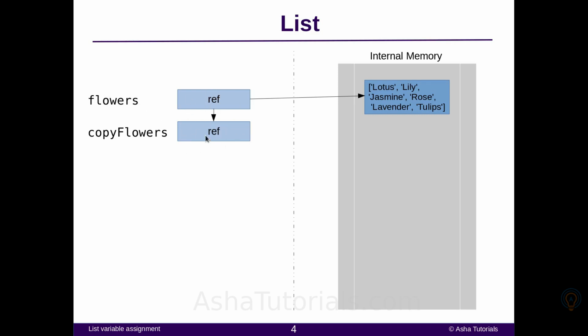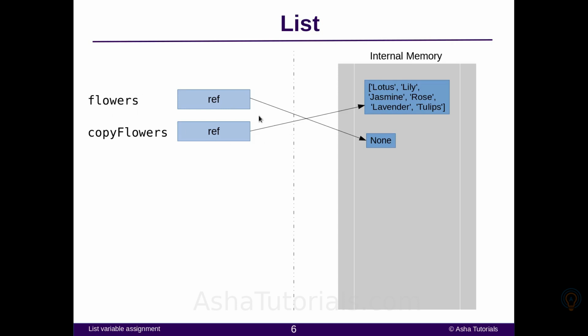After copying that reference, both variables will point to the same list object inside memory, as you can see here. And when we assign flowers to a different object, in this case None, copy flowers still holds the address of the original list object, which was created when we created the flowers variable.